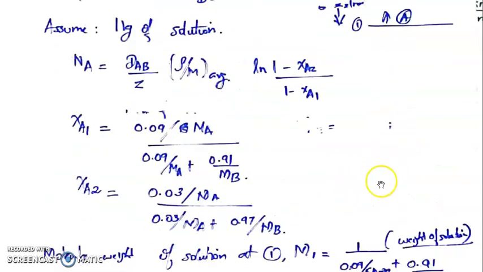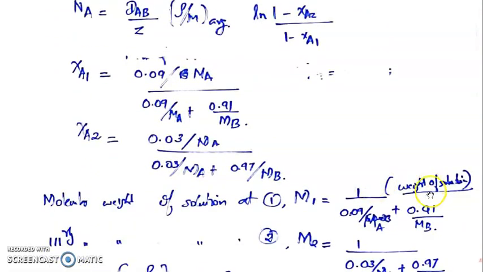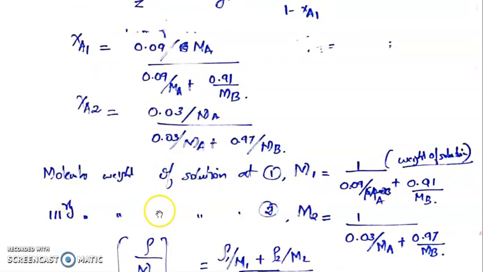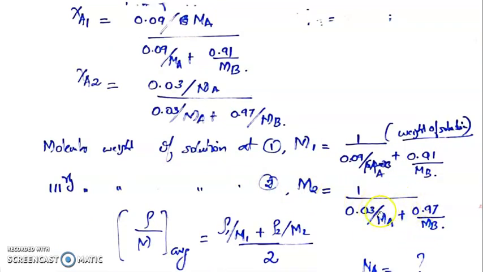So 1, the weight of the solution, divided by the number of moles will give you the molecular weight, because the equation for number of moles is weight divided by molar mass. If you rearrange it, you will get the molecular weight of the solution at location 1. Similarly, we can get the molecular weight of the solution at location 2, M2, which is equal to 1 divided by the number of moles at 2.